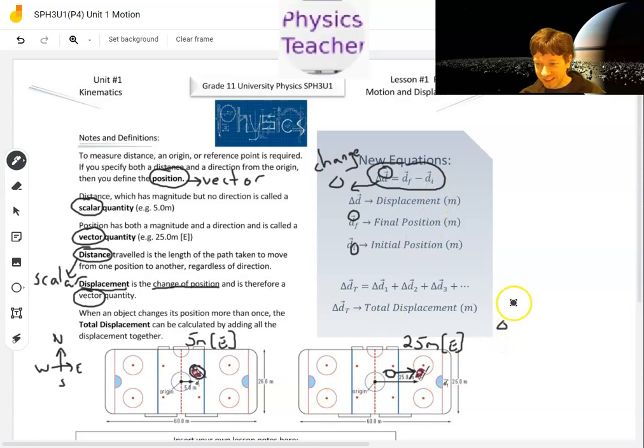If I were to write this out mathematically, I mean, it's easy to tell just by looking at it. Going from 5 meters east to 25 meters east, we moved 20 meters east. But writing it out as an equation, our final position is 25 meters east. Subtract our initial position, which is 5 meters east.